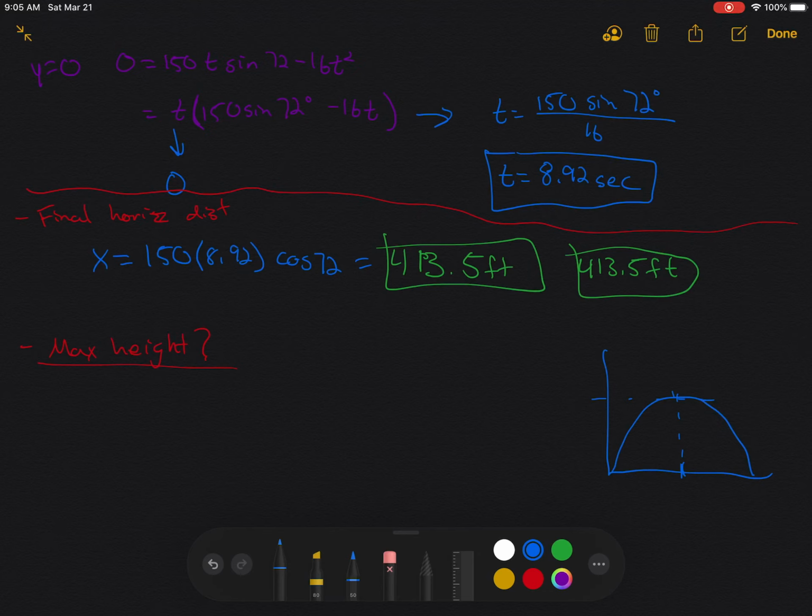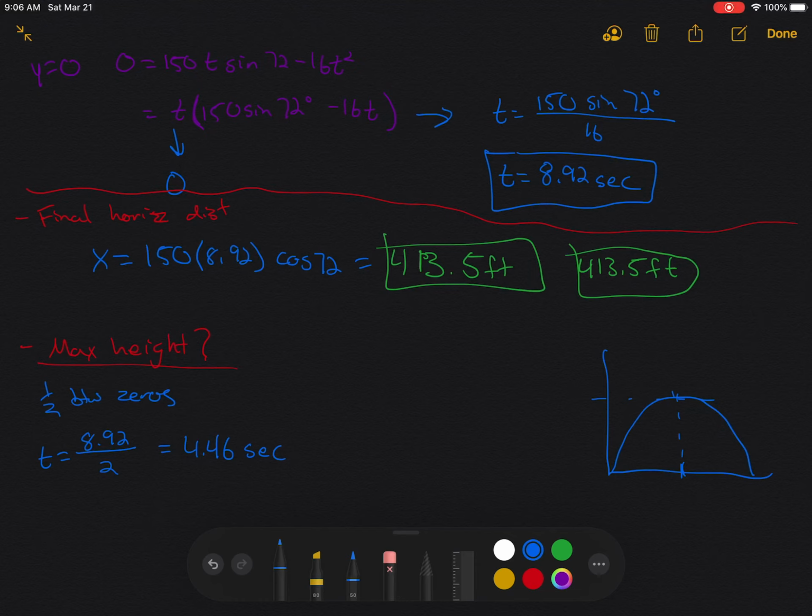It's when our final time is cut in half, halfway between the two zeros. It's going to be our time in half, 8.92 over 2, which gives us 4.46 seconds.